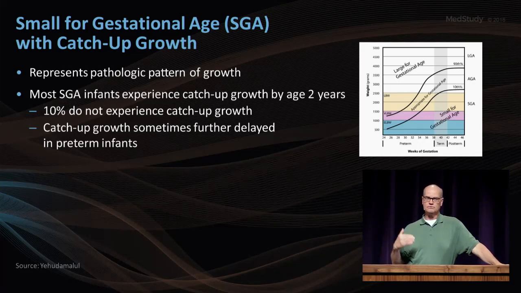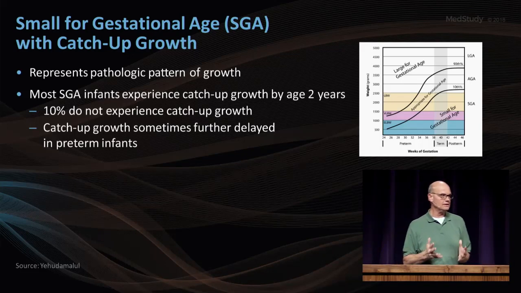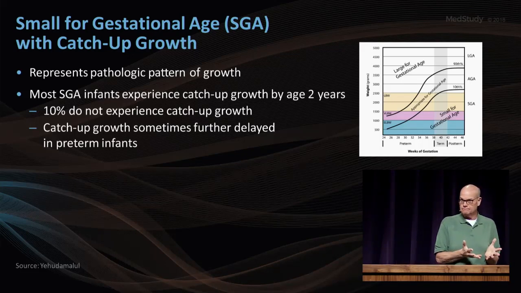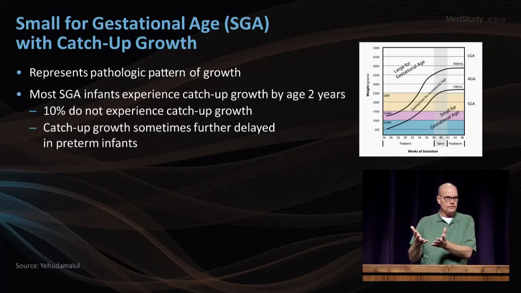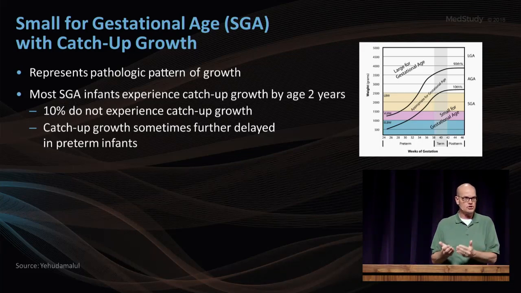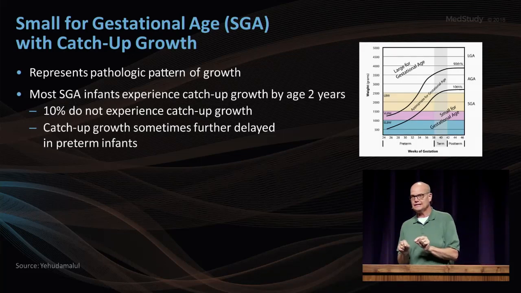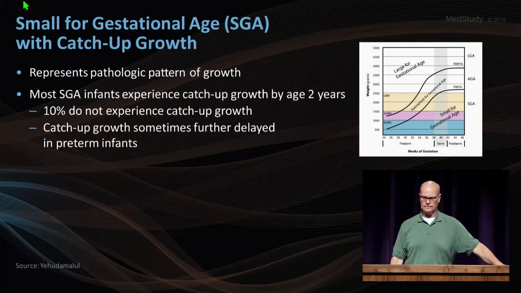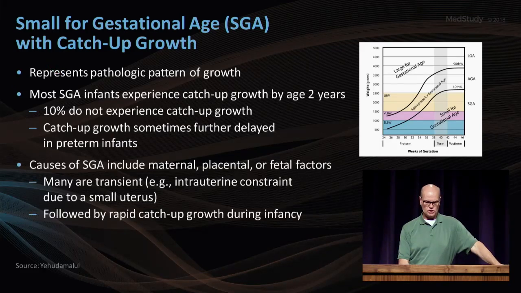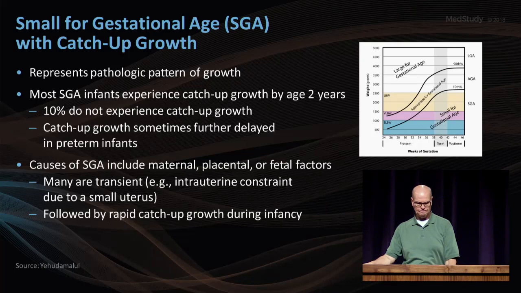And if you're asked to provide anticipatory guidance, for example, to parents who are asking, is my child going to grow like other children, even though he was born small or she was born small, you really can't answer that question until at least 2 years of age, because again, the majority will catch up, but some unfortunately do not. And those that do not tend to have a maternal history of significant complications either during pregnancy or at birth.